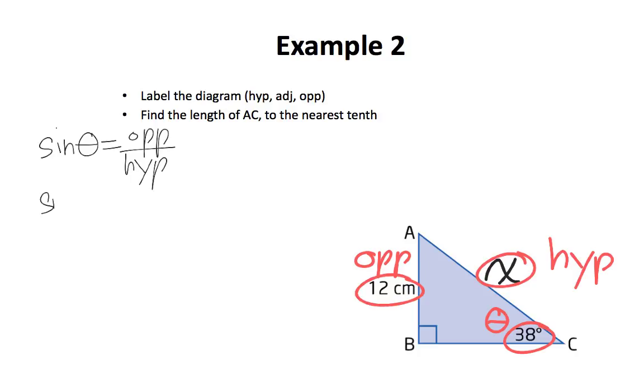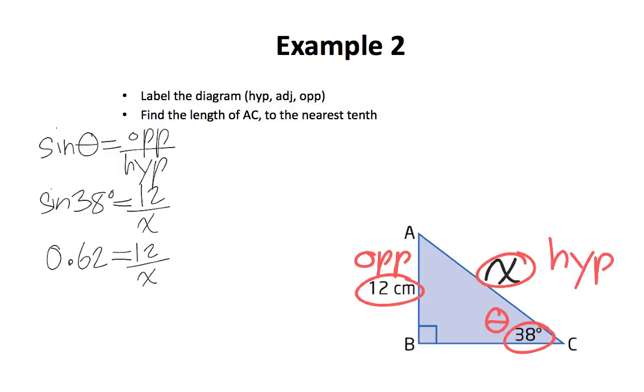Next, I'm going to substitute in my known value. So instead of writing theta, I'm going to write 38 degrees. And instead of writing opposite, I'm going to write 12. And instead of writing hypotenuse, I'm going to write x. What you want to do now is punch sine of 38 degrees into your scientific calculator, and you should get approximately 0.62. Everything else on the right should stay the same, so that'd be 12 over x.